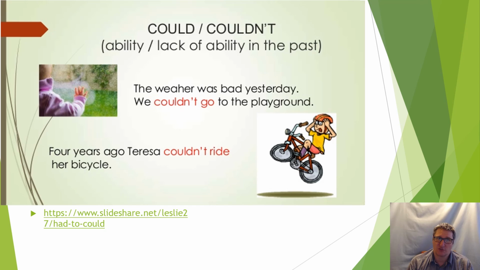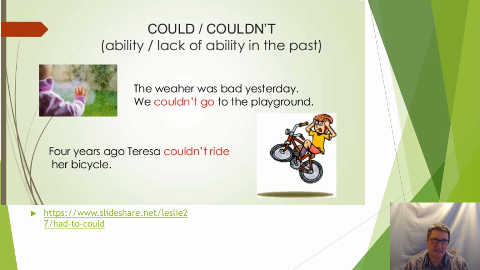Could and couldn't express ability or lack of ability in the past. The weather was bad yesterday. We couldn't go to the playground. Sorry, weather is spelt badly. Like I said, I didn't write these slides. Perhaps I should have. 4 years ago, Teresa couldn't ride her bicycle. Today she can.